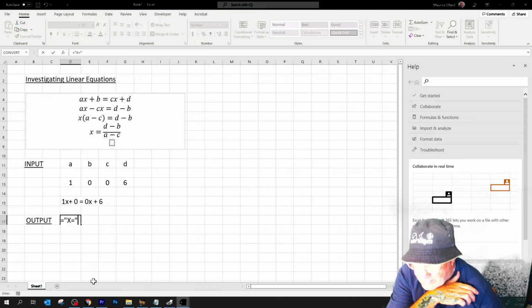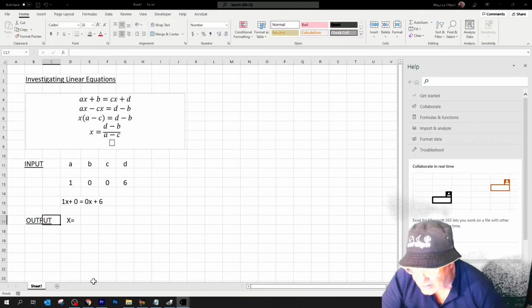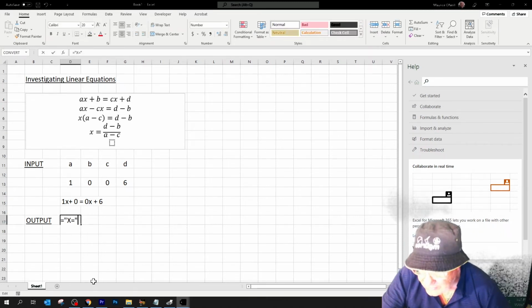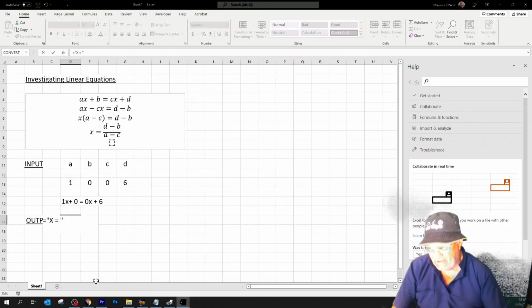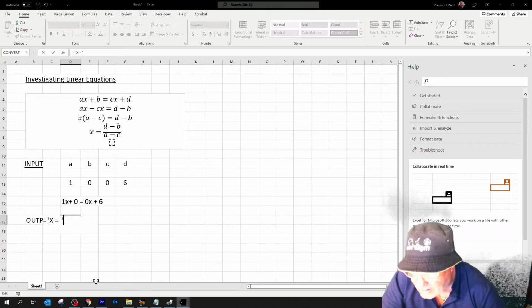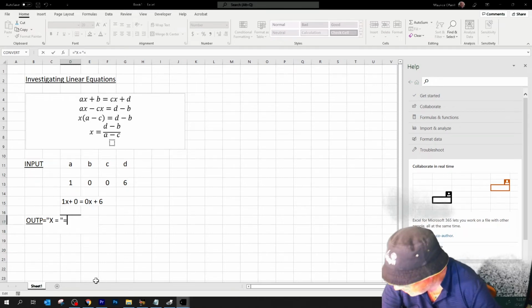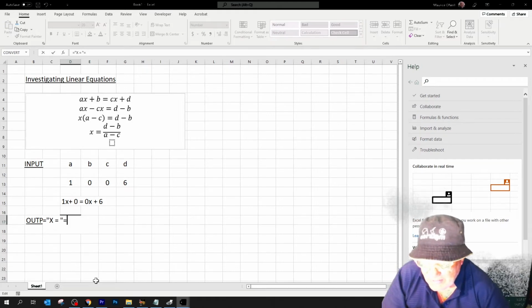So that'll give us that. Oh, x equals F2. Just put a space there and a space there, and then in here we'll put a formula, and it equals, and then we can go to our formula up there.